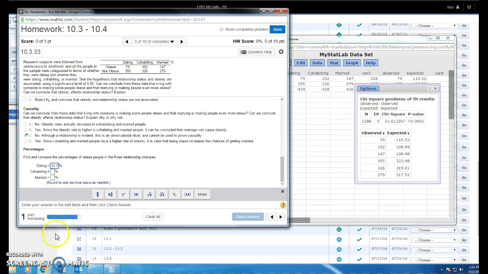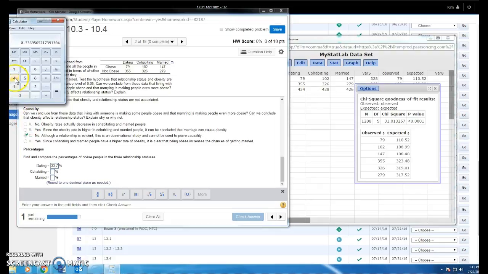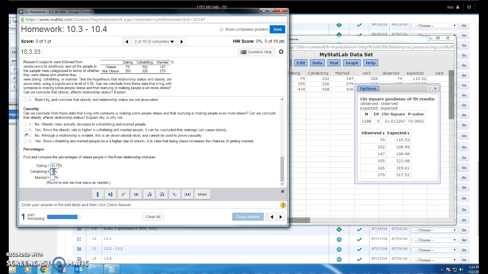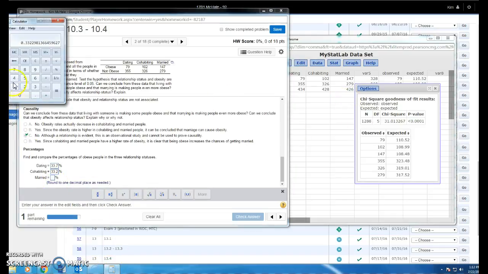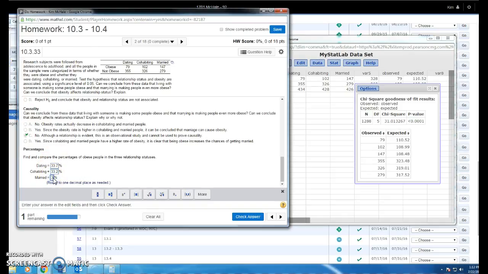For cohabitating, that would be 428 divided by 1288. And I get 33.2%. And then married would be 426. And I get 33.1%.